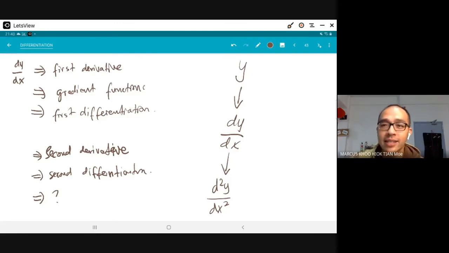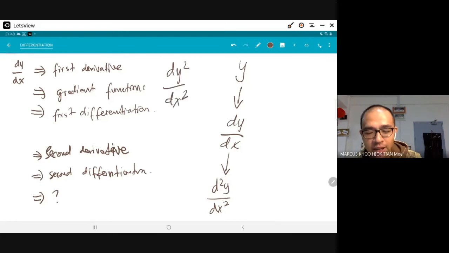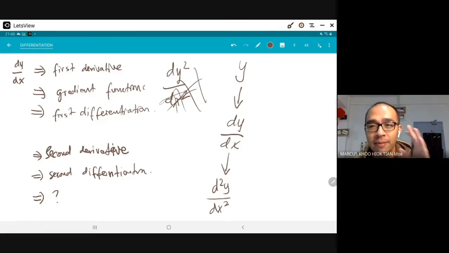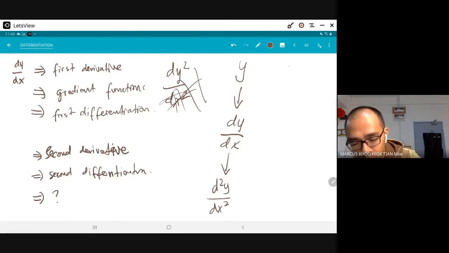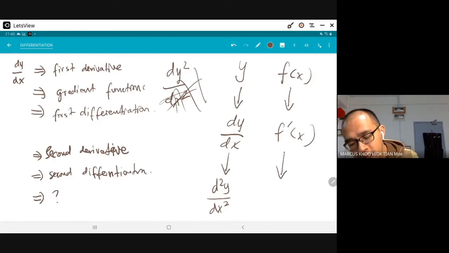How come it is not dy squared over dx squared? It's not. For now, please be kind to me and just accept it as it is. It is called d2y dx2. If your original function is f(x), the first time you differentiate is f prime x. The second time you differentiate is known as f double prime x.